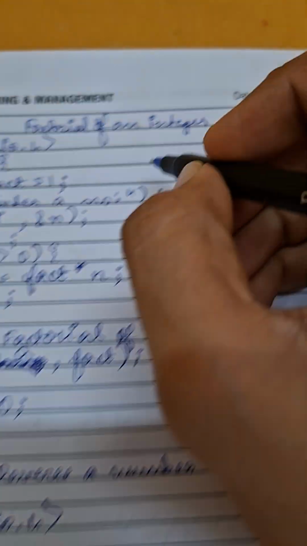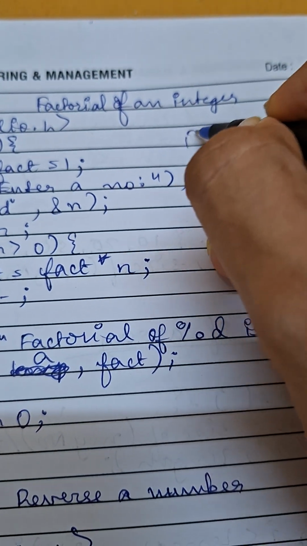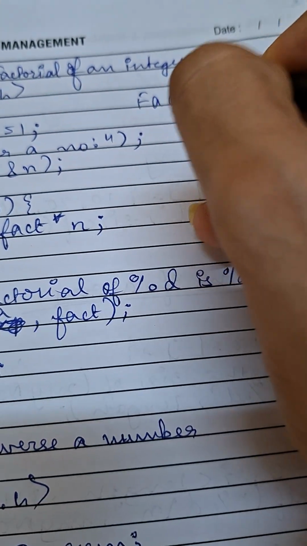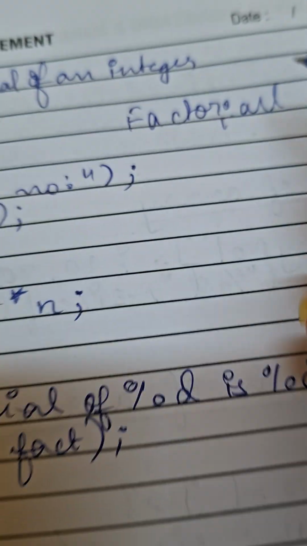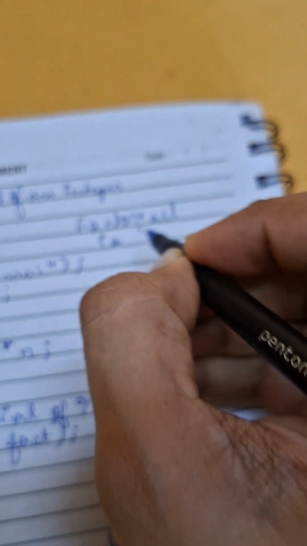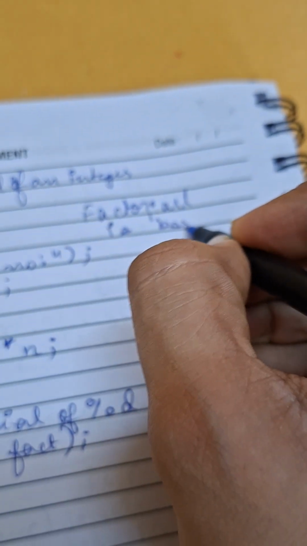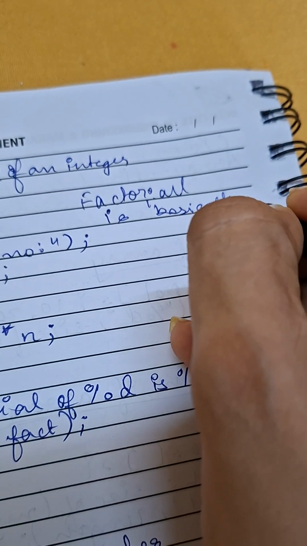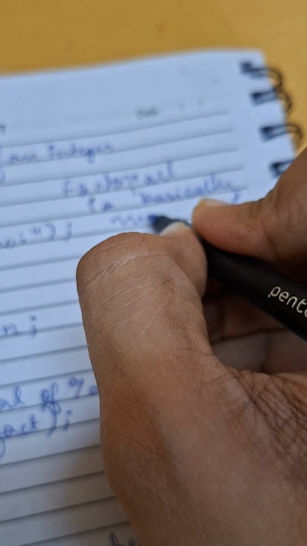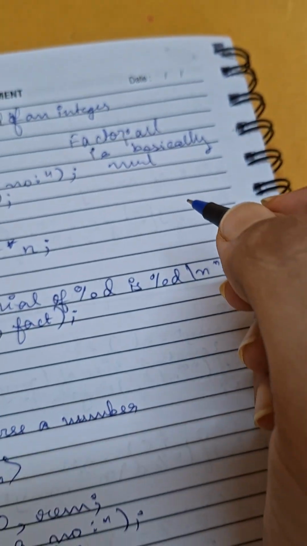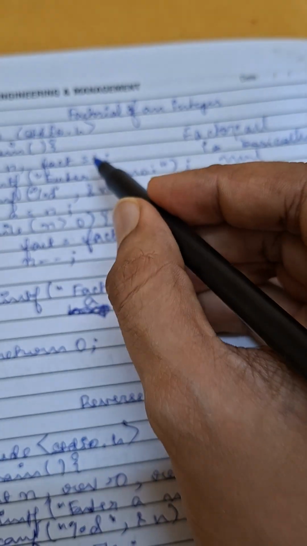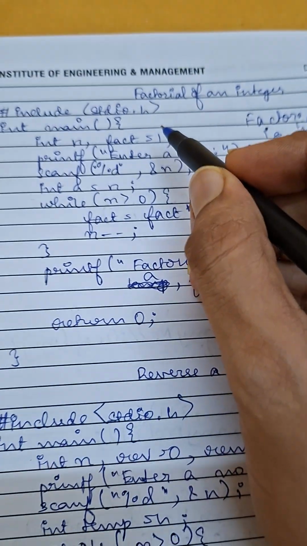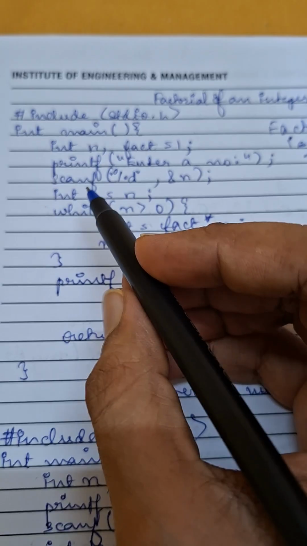Why 1? Because as we know, factorial is basically multiplication. So we can't multiply with 0, so we have to take it as 1, that is, we are initializing the value at 1.